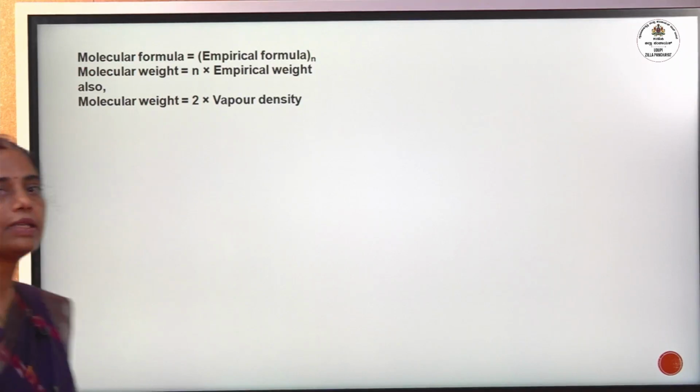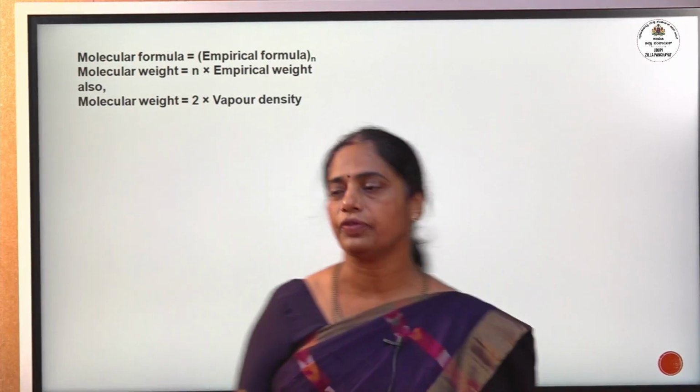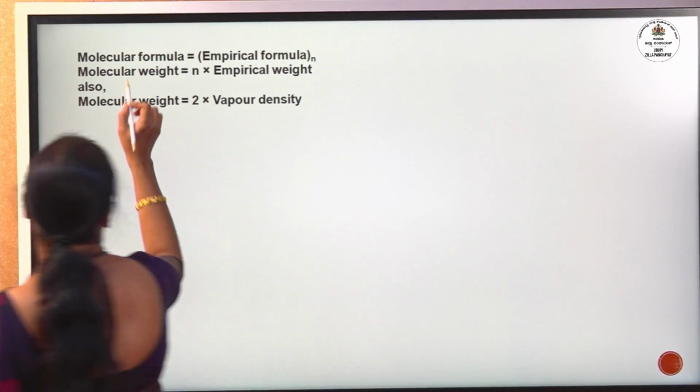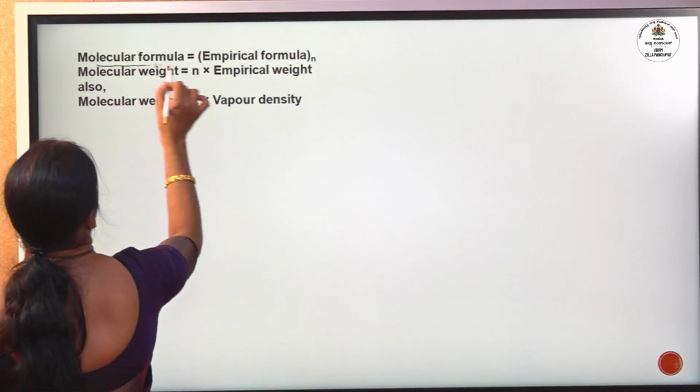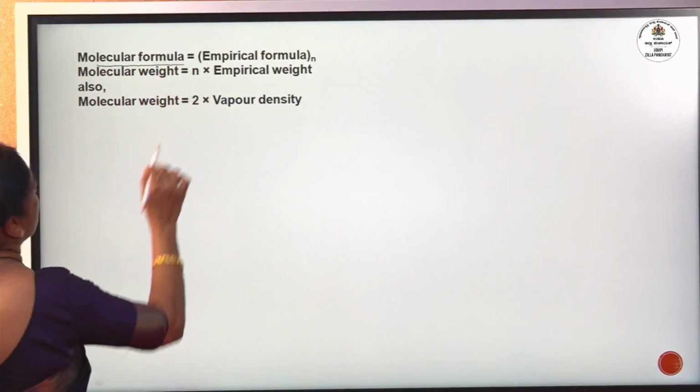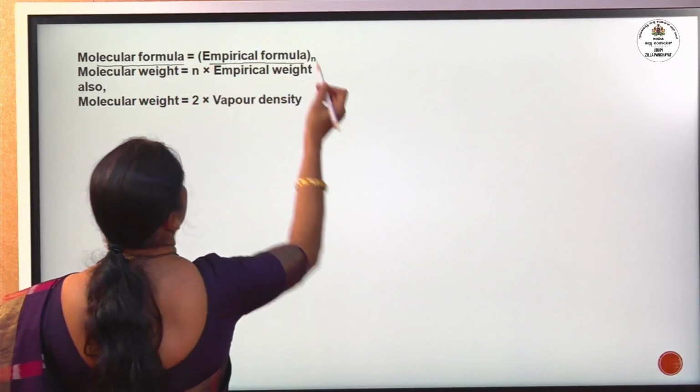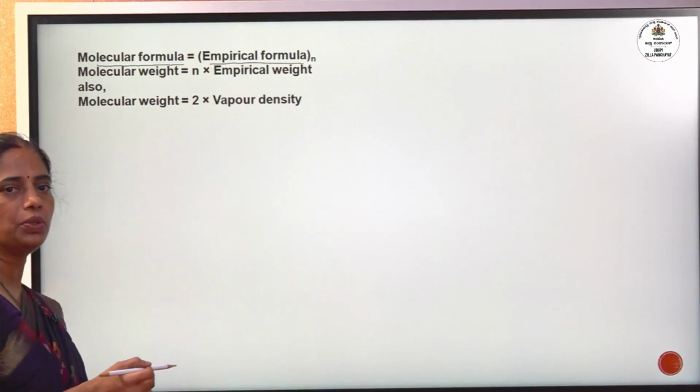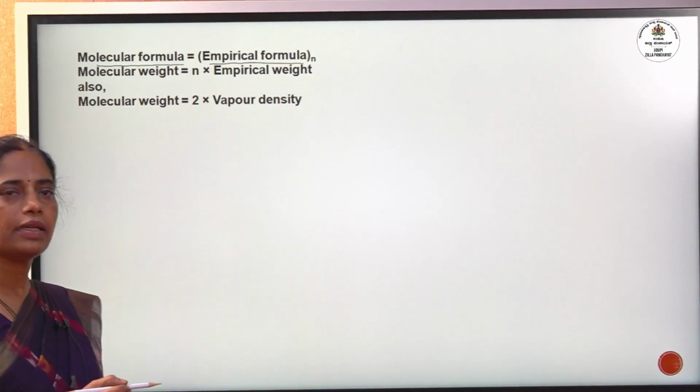Next we will see some of the important formulas of this chapter. Molecular formula is equal to empirical formula into n, where n is a number.